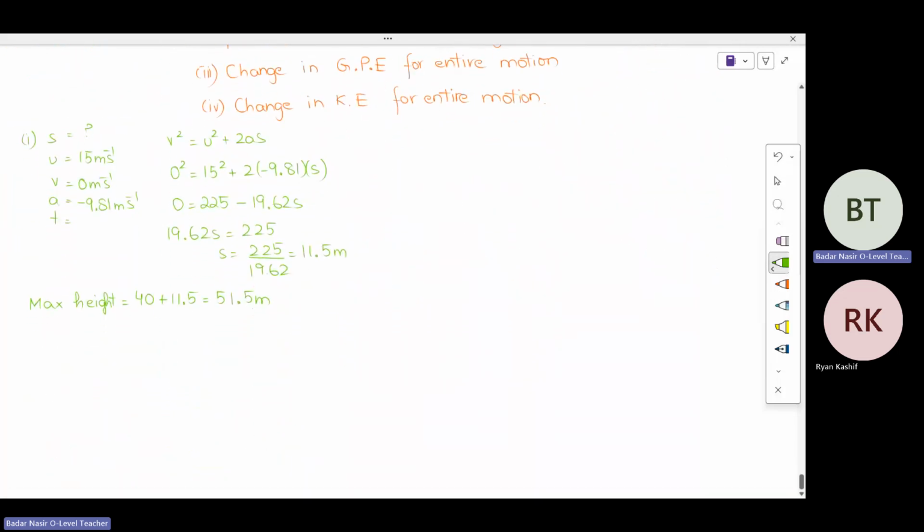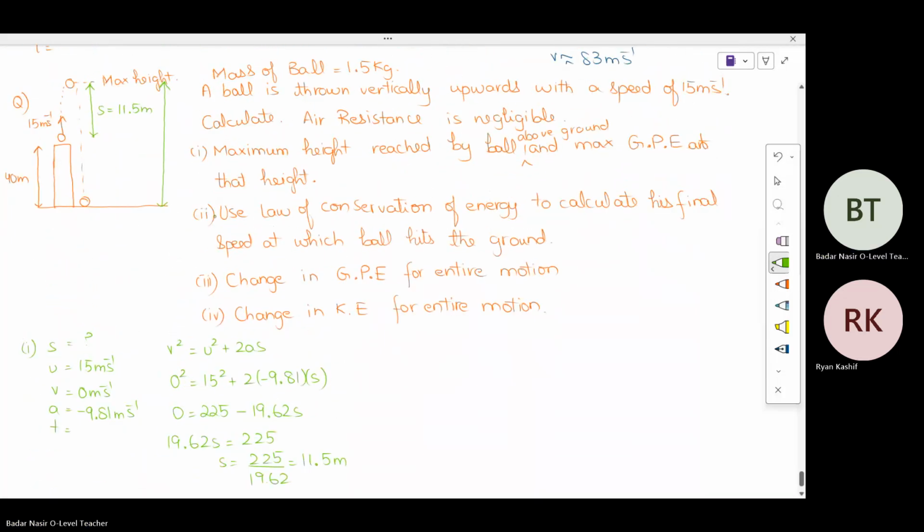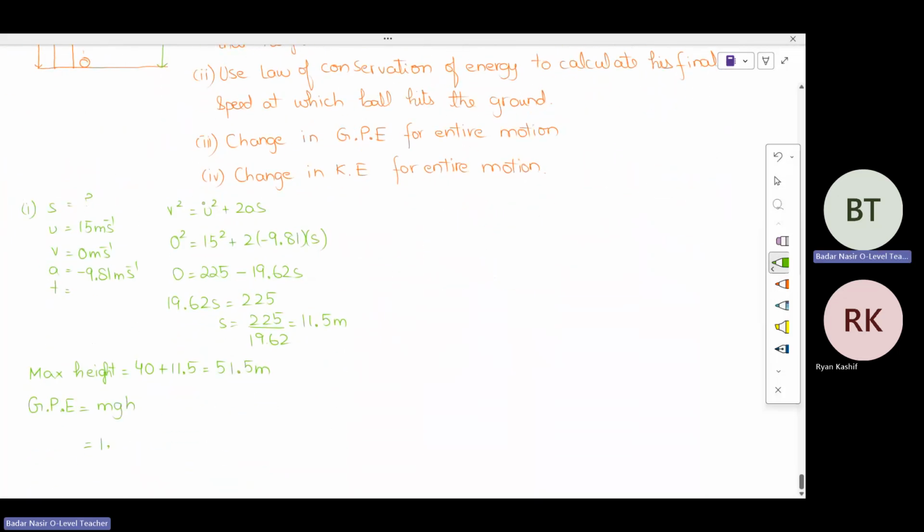अब आपसे उसने ये कहा है कि you have to find the maximum gravitational potential energy. तो maximum gravitational potential energy होगी उसकी maximum height पे। So we will use the formula mgh. m is the mass of the ball, which is 1.5. g is 9.81. And the height is how much? 51.5.